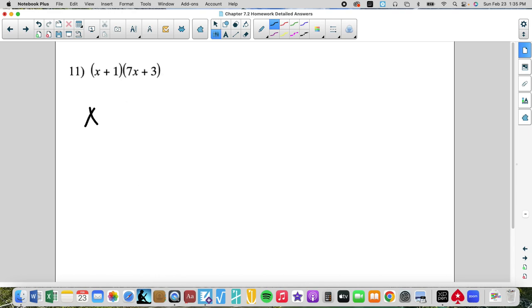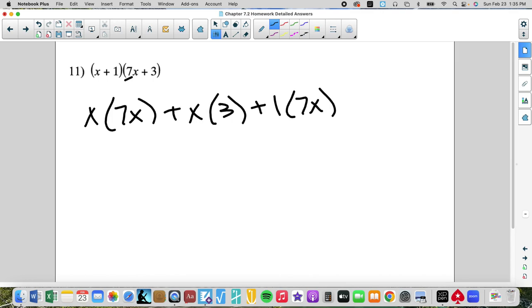Ooh, okay. Now we have a coefficient in front of my x variable in my second binomial. So now it's x times 7x and x times 3, and then 1 times 7x, and then 1 times 3. So be careful, that changed up a little bit.